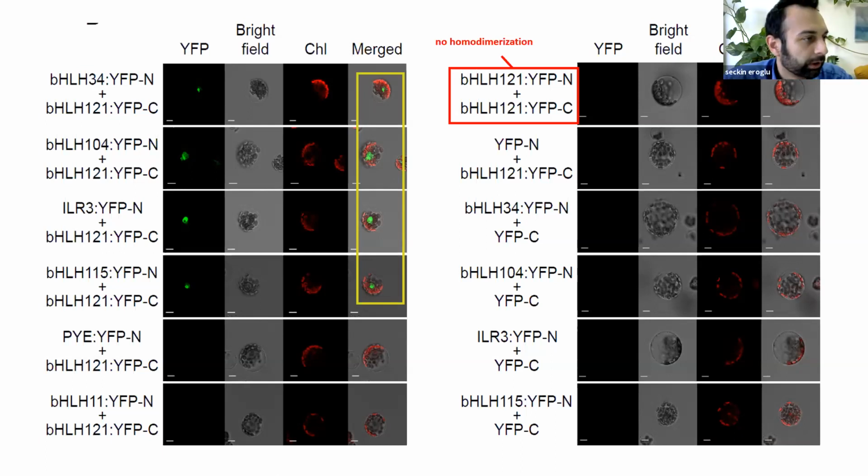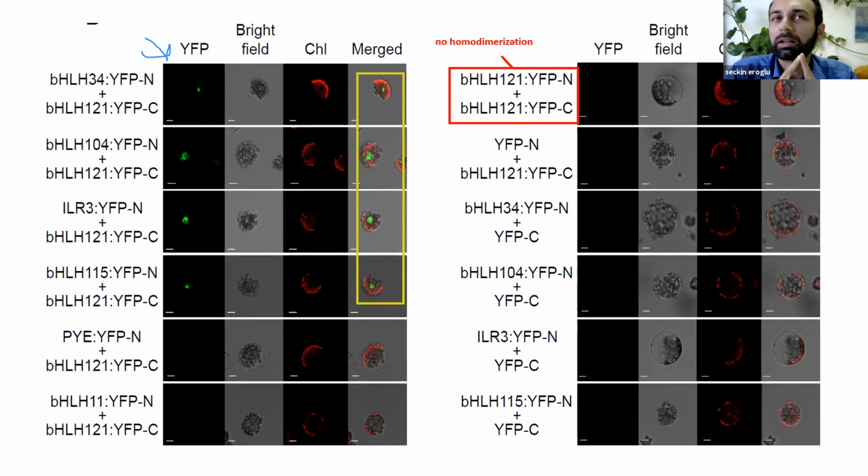Okay. I have another question. So the difference between this experiment, BiFC, and the yeast experiment, I think. There might be many differences, but one difference should be in the yeast experiment, if there is a complementation, then it should mean two proteins are directly interacting with each other.